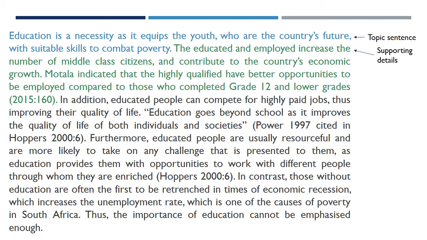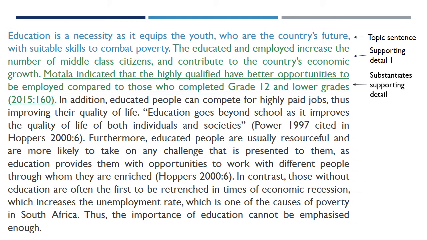So the topic sentence says education is a necessity. This is going to tell us a bit about why education is a necessity. And it says the educated and employed increase the number of middle-class citizens and contribute to the country's economic growth. So it gives us a reason as to why education is a necessity.